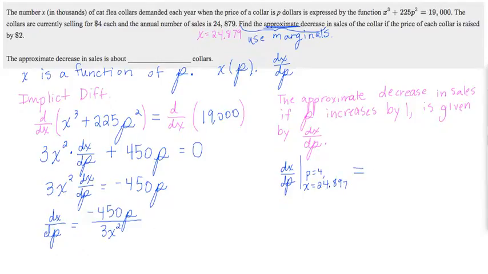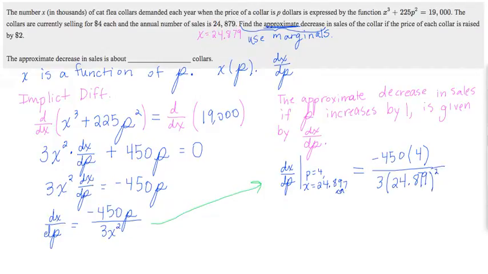We're plugging into the derivative here. I'm just plugging in numbers. So negative 450 times the price, 4, all divided by 3x squared, so 3 times 24.879, squared.